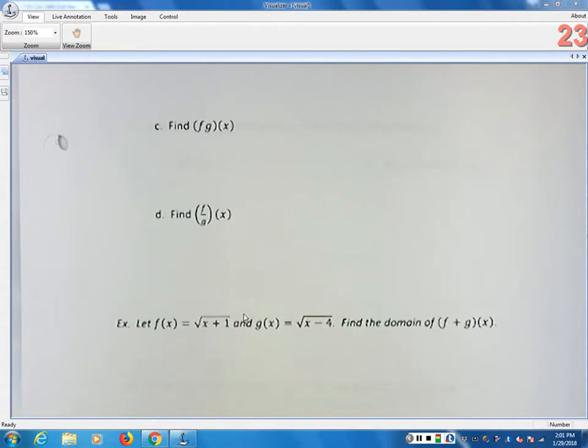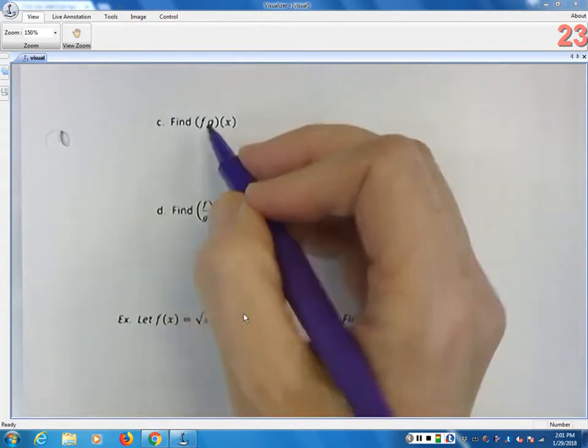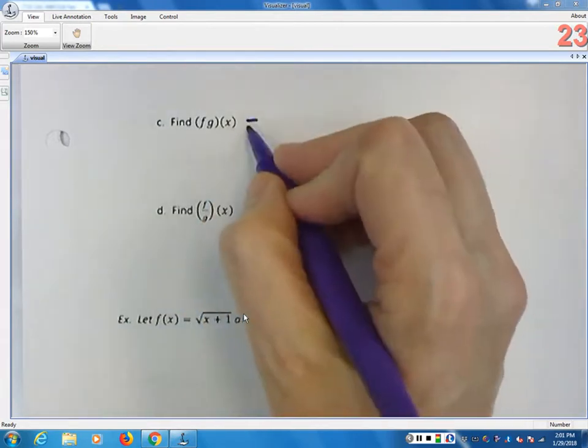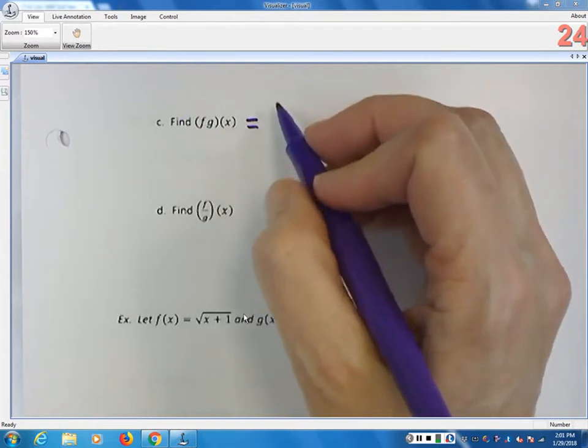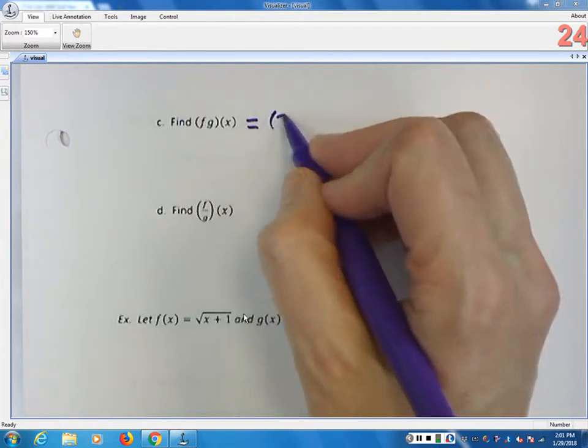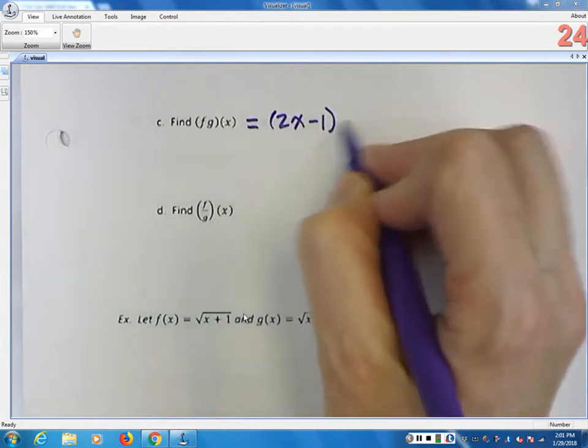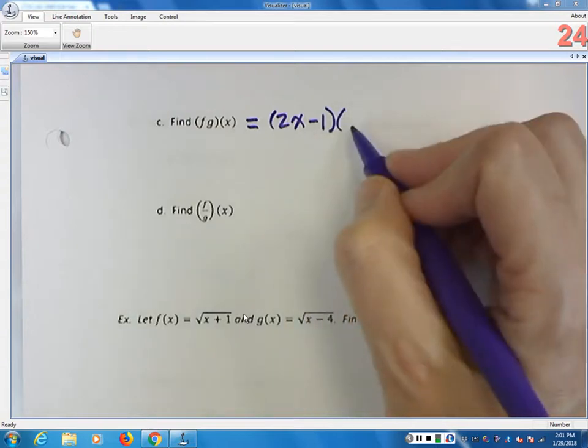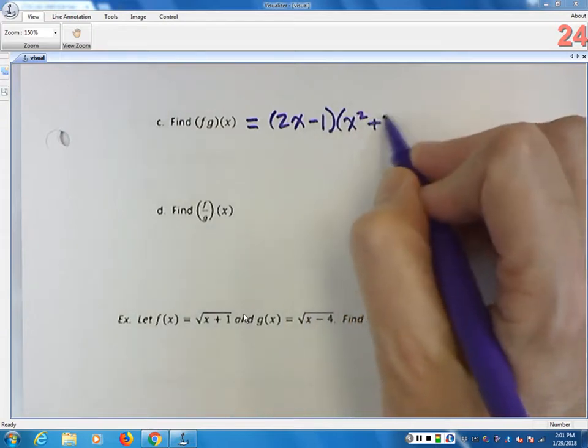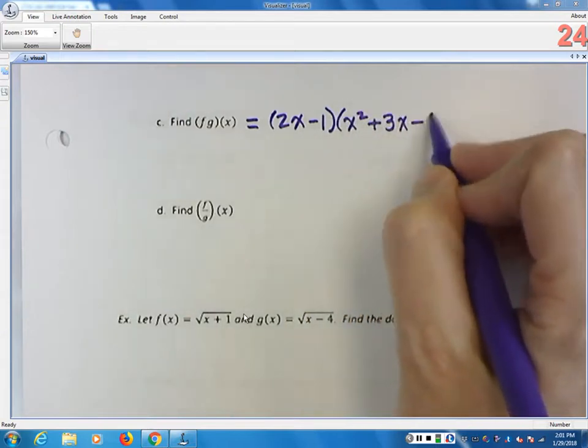Okay, find f times g of x. This means f times g of x. And remember, our f of x was 2x minus 1. And our g of x is x squared plus 3x minus 6.